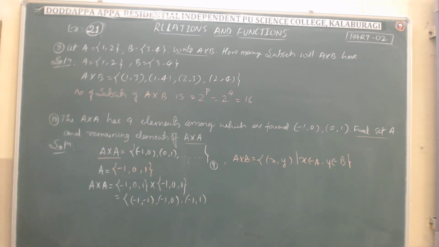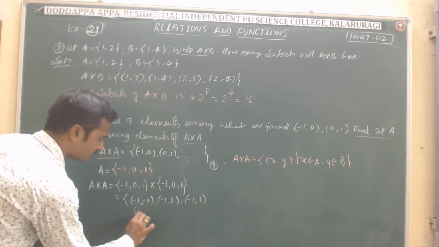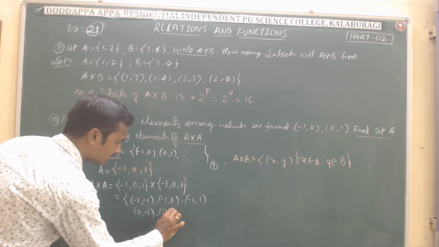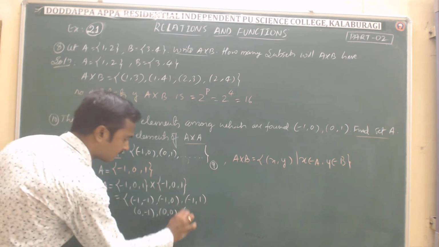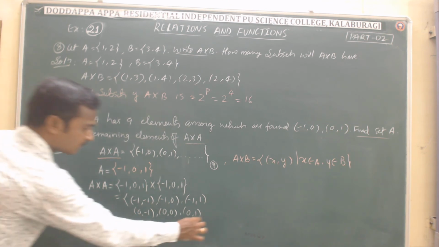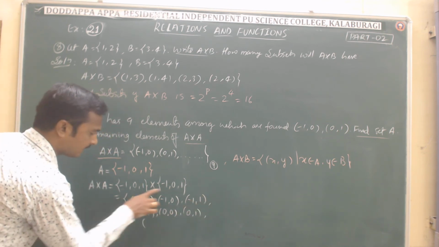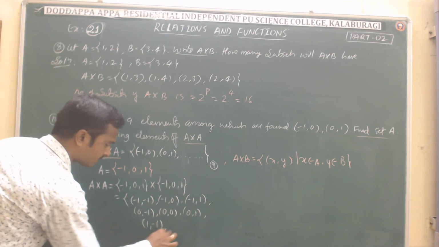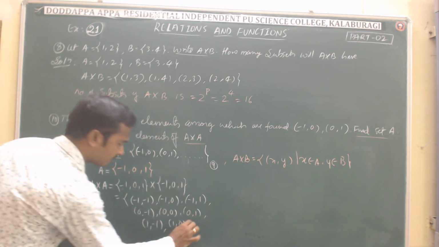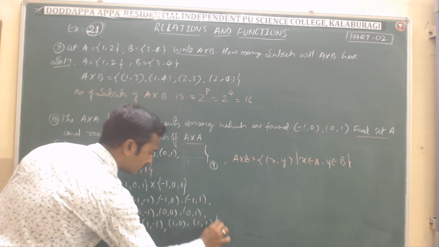This is the first relation. Then 0 relates minus 1, 0 relates 0, 0 relates 1. This is the second one. Next, 1 relates minus 1, 1 relates 0, 1 relates 1. That is the end of the story.